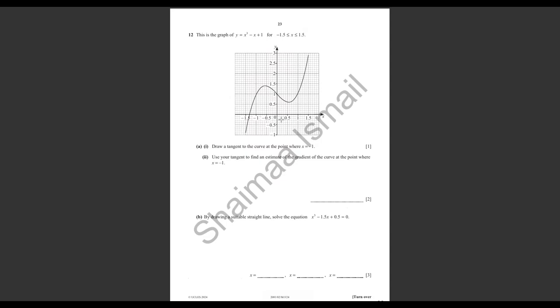Make sure that you sharpen your pencil, and if you need to move or flip your page a little, it's fine, just to get the accurate tangent. So here x equal to negative 1.